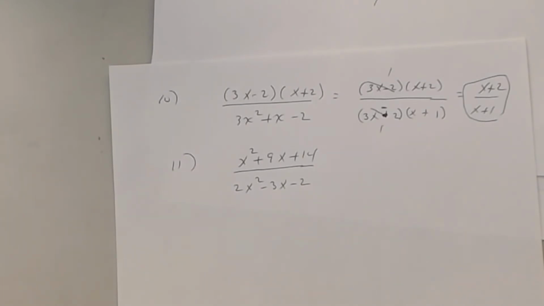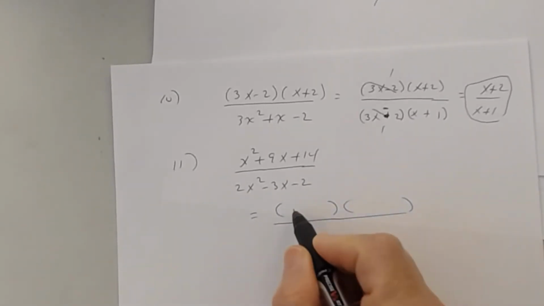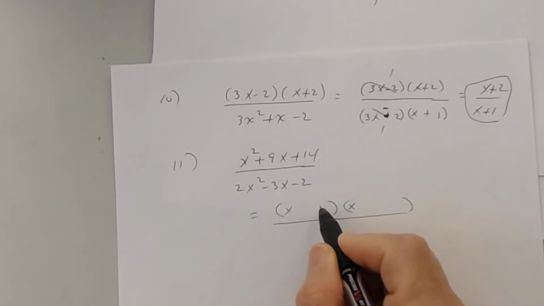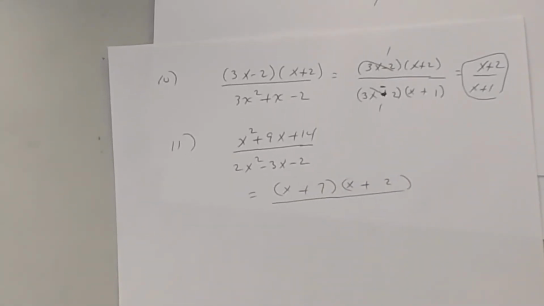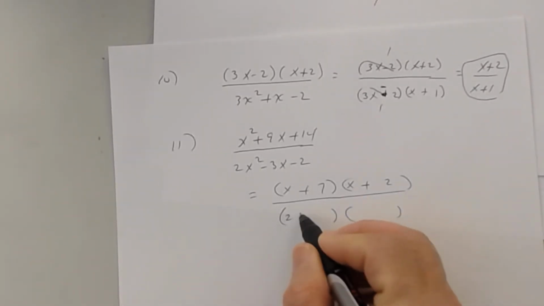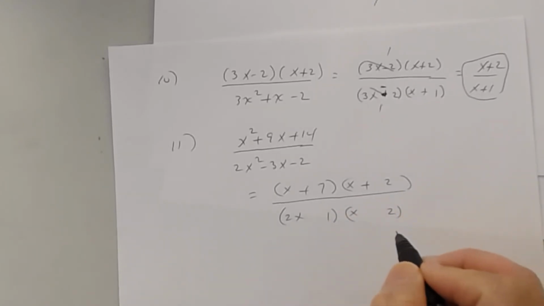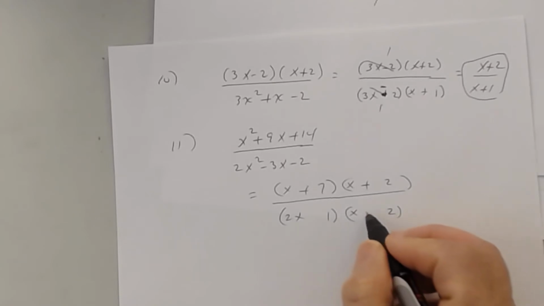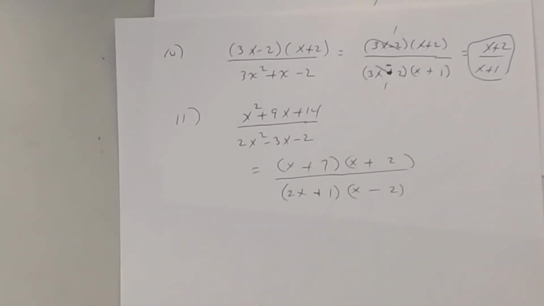So if I factor first, the numerator becomes x plus 7, x plus 2, right? The denominator becomes 2x, x, I think 2 and 1, right? And then that'll be a plus 1 and a minus 2. So that's how you factor the denominator.